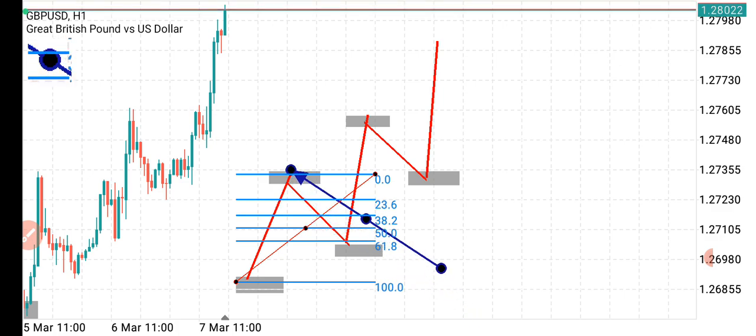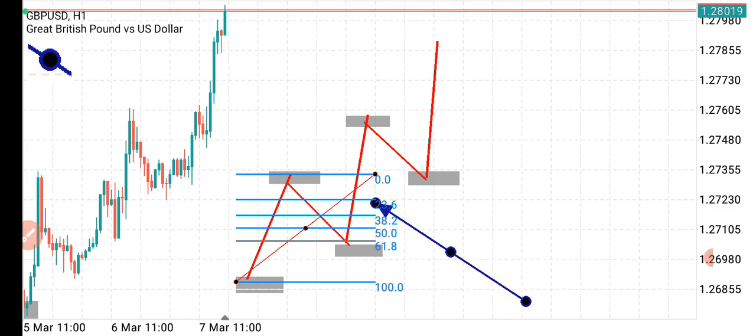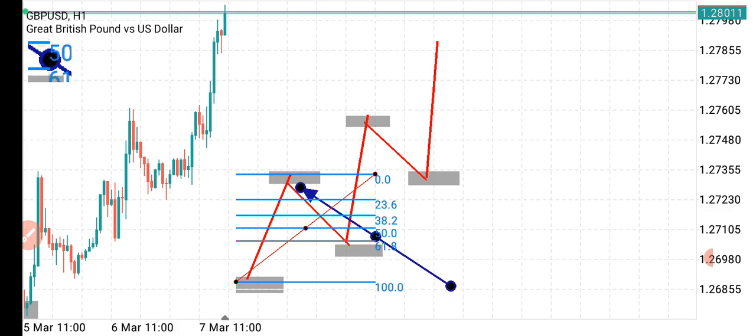Once price returns from up here and reaches 23.6 is a sign of reversal. Reversal starts when price is below 23.6. After that level, you can begin to look for your entry trigger.